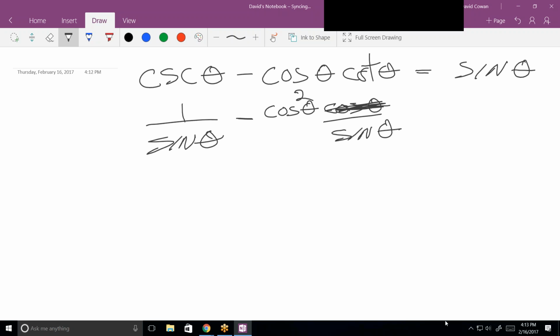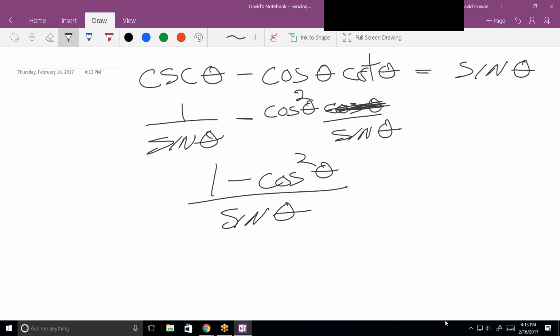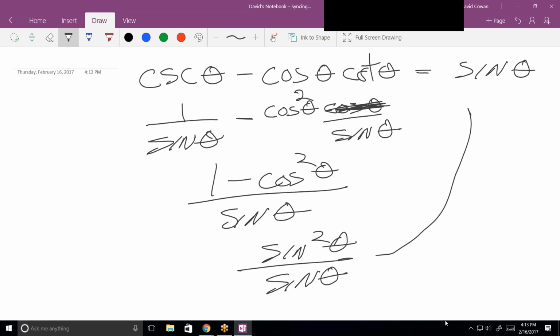And then I've got 1 minus cosine squared of theta over sine of theta. Again, I'm doing subtraction, not multiplication. And what's the top equal to? Sine squared of theta. And I've got sine squared of theta over sine of theta. And that comes out to be sine of theta. Equal to that, yeah.